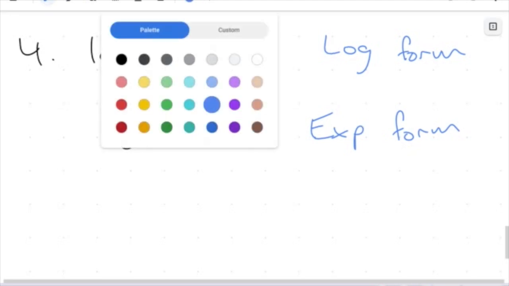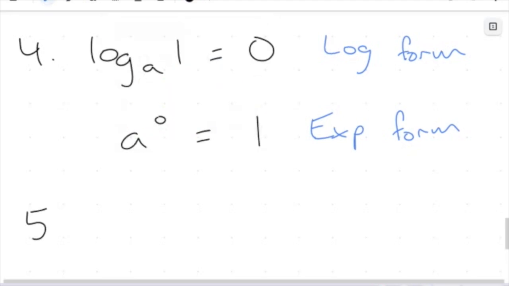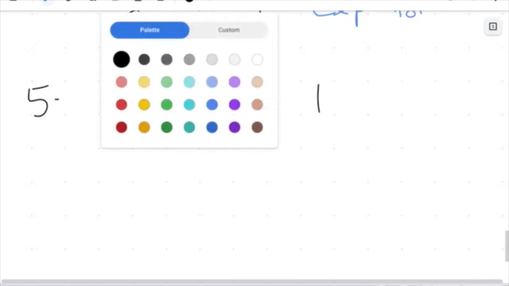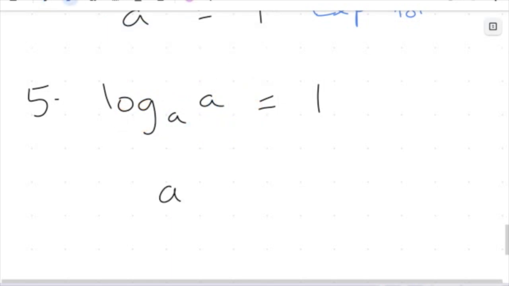There's just two more I want to talk about in this video. They are very, very similar. If I have log to the base a of that same number, a, it's going to equal 1. Now, once again, this is the case because of the exponential law we talked about before, where if we have a, the base, to the power of 1, it's going to just give me that number.